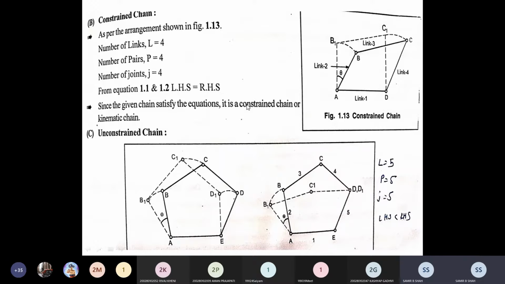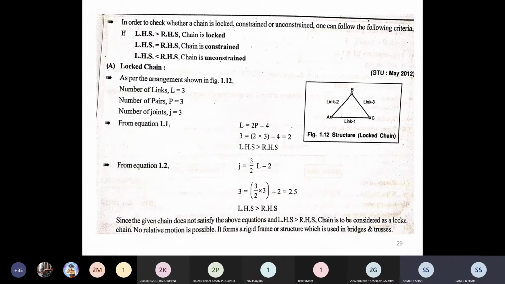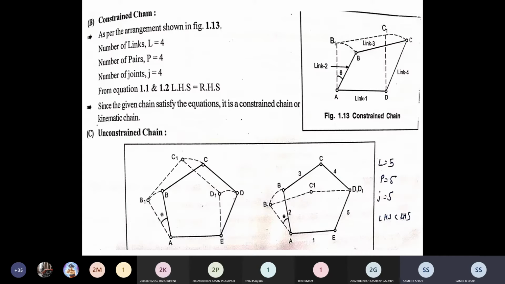If we put these in the equation L = 2P - 4, where L = 4 and P = 4, then 2 into 4 is 8, minus 4 is 4. So 4 is equal to 4. The left-hand side is equal to the right-hand side, so it is called a constrained chain.